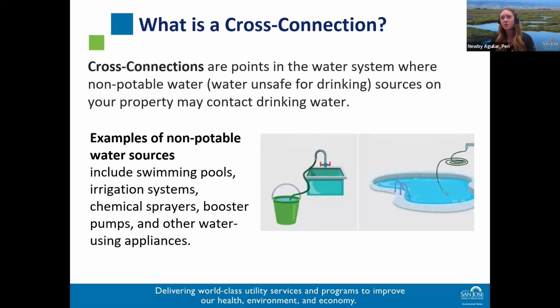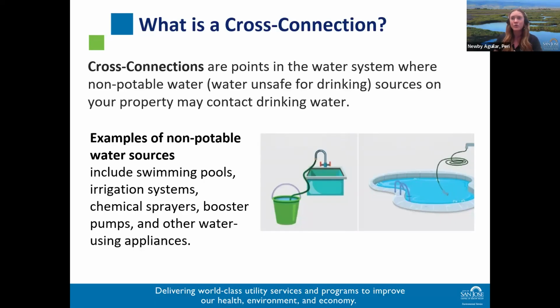These plumbing setups, such as auxiliary water sources like private wells and reclaimed water, are important because backflow events can occur at a cross connection, and contaminants such as fertilizers, pesticides, cleaning chemicals, bacteria, or the stagnant water from a sprinkler system can all be drawn and pushed through internal plumbing systems and brought back into drinking water main systems. So this can create a really serious public health risk.